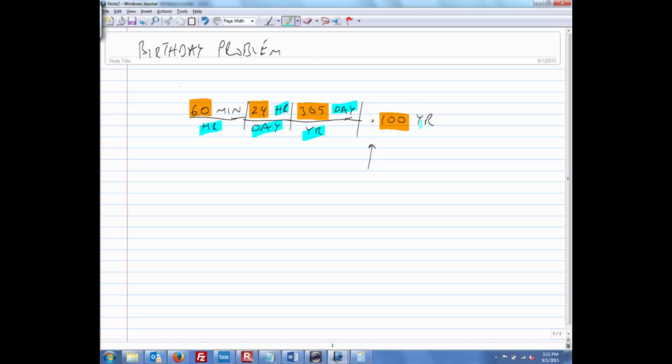Same thing, cross through the years. So I've got 6 lines, 3 on top, 3 on bottom. All 6 of those lines just end up being the number 1. You divide an hour by an hour, you get 1. Divide a day by a day, you get 1. A year by a year, you get 1. So the only thing that survived was the minutes.